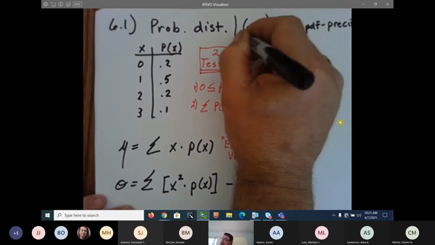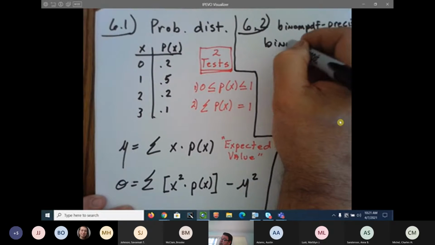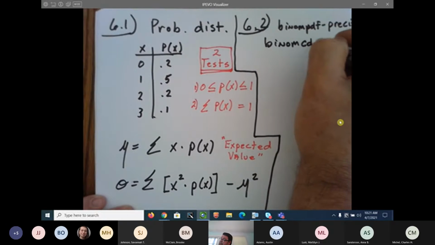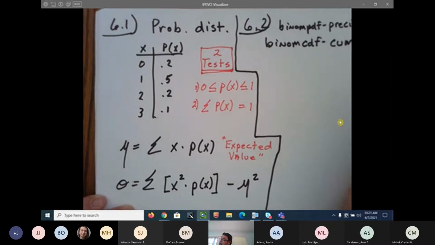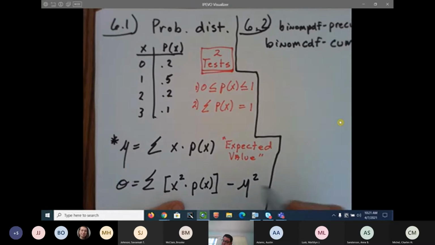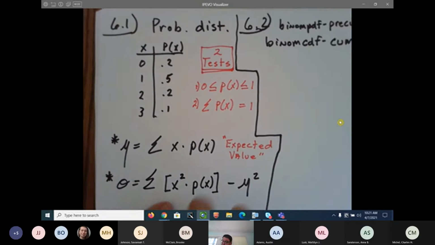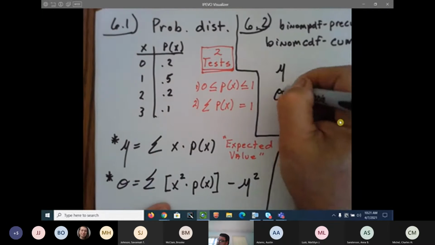And we're going to use the Binomial CDF for cumulative. And I'll explain that. We're also going to do this with the calculator and the Excel spreadsheet, just like we did in 6.1, to find the mean and the standard deviation.